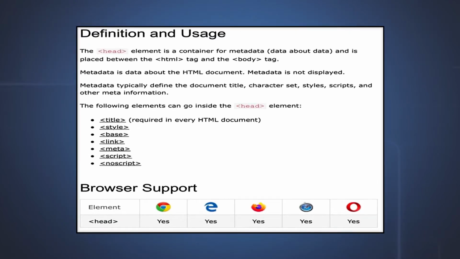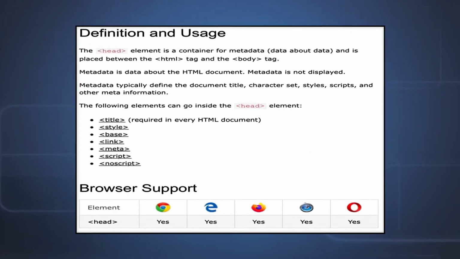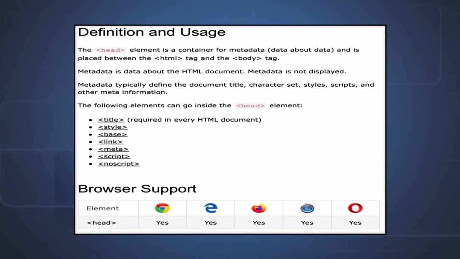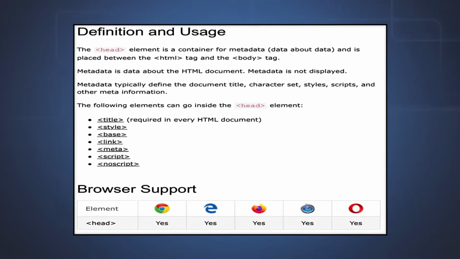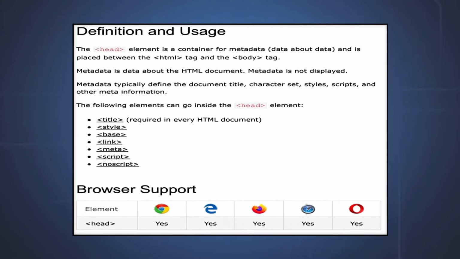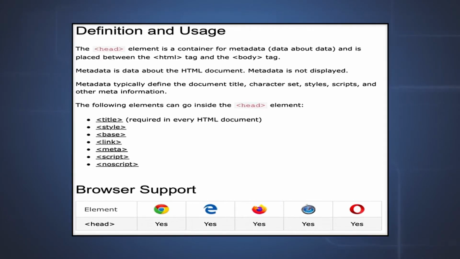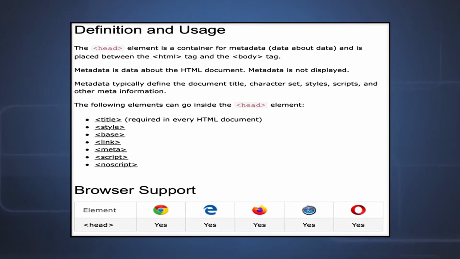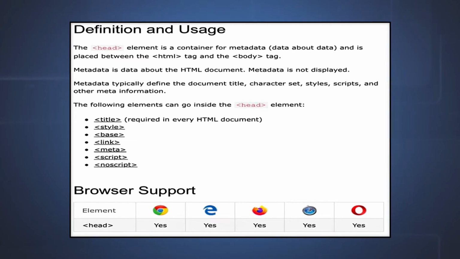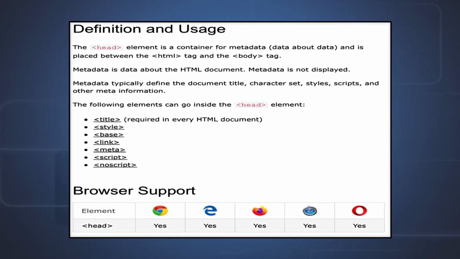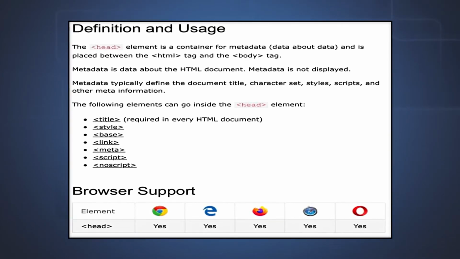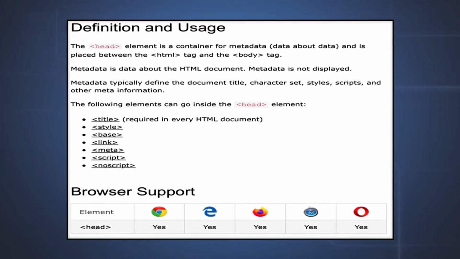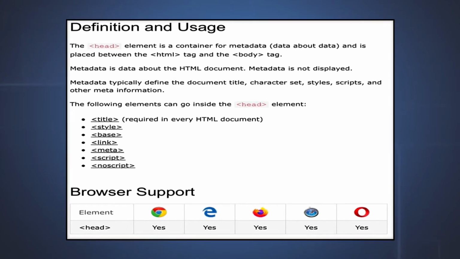The head element is a container for the metadata. When I say head element, I am referring to head tag, that is HEAD tag. It is basically a container for metadata. Metadata means data about data and is placed between the HTML tag and the body tag. Metadata is data about the HTML document. Metadata is not displayed. Metadata typically defines the document title, character set, styles, scripts and other meta information.